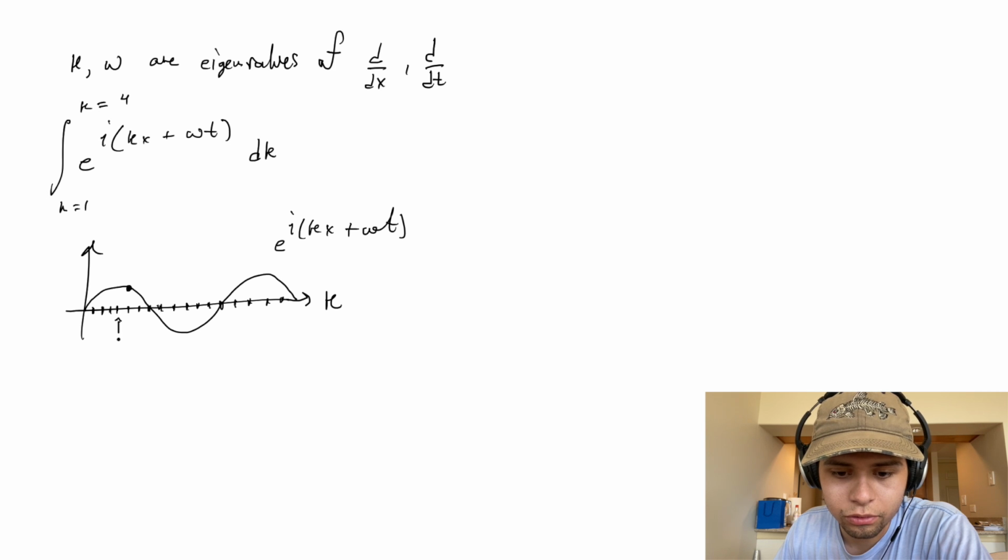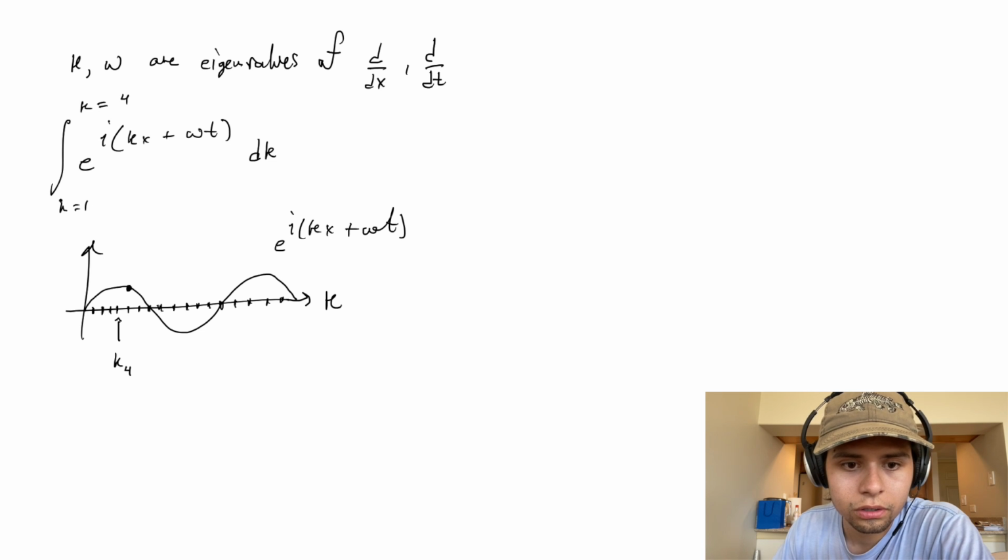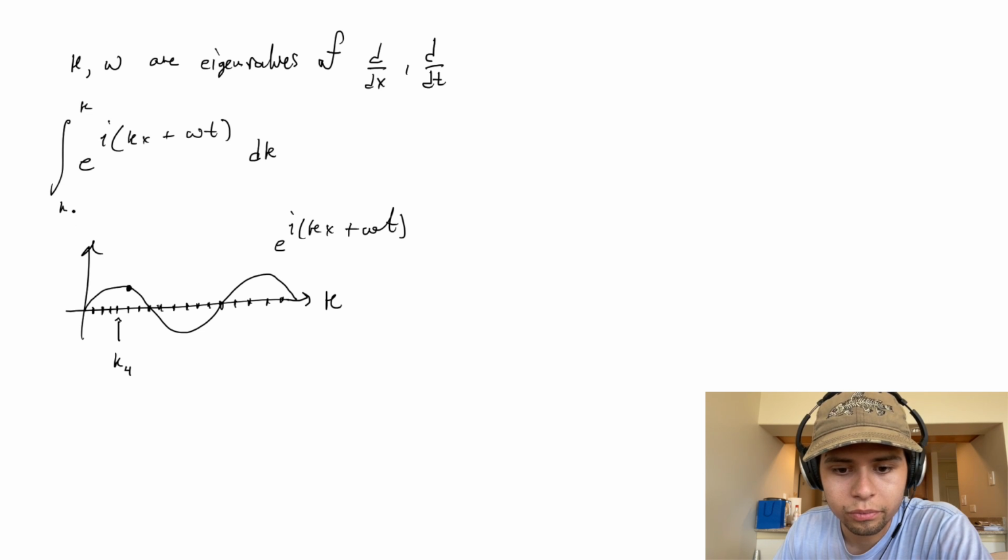This here is k4. You kind of get the point. We want to go from k_n where n equals 1 to k_n where n equals 4.